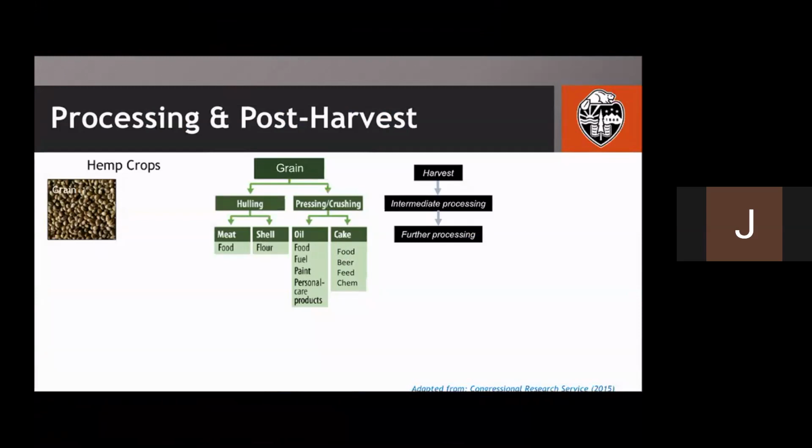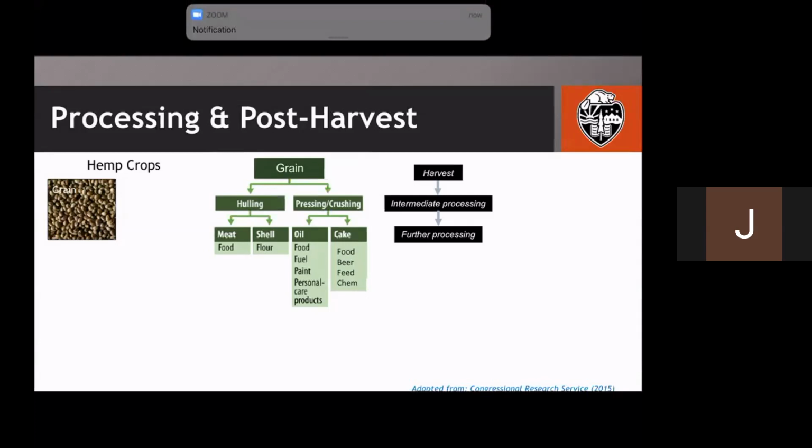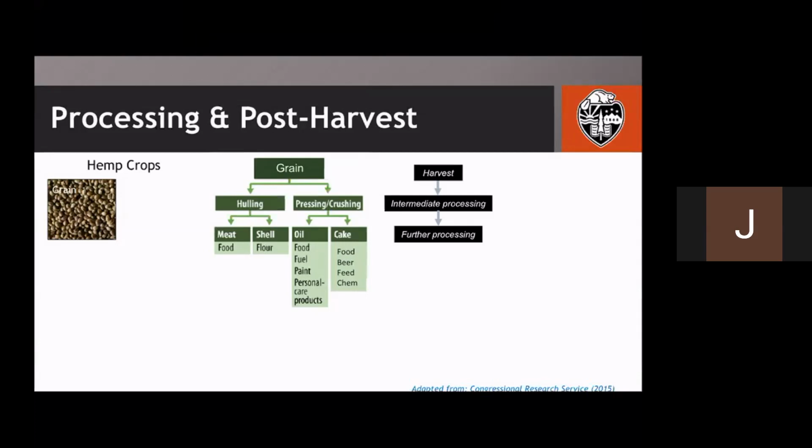But here the grain is used for the oil, for the meats, etc. Essentially we're looking at the seed crop, which has a lot of desirability as a petroleum substitute. So when somebody's thinking of plastics, potentially that could be coming out of this as well.